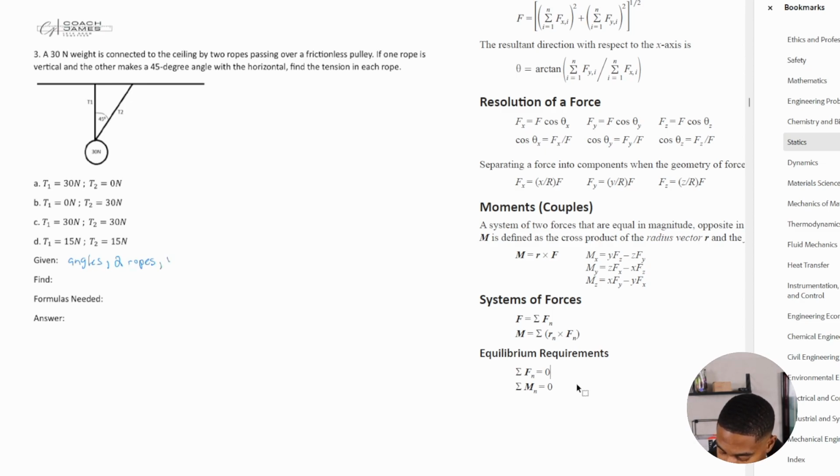Oh, we're given the weight of this, whatever this is. Oh, it's just a weight. 30 Newton weight. It's connected to the ceiling. Okay. Why that's there, I don't know. Okay, and we need to find tension in each rope. Okay. Easy enough.